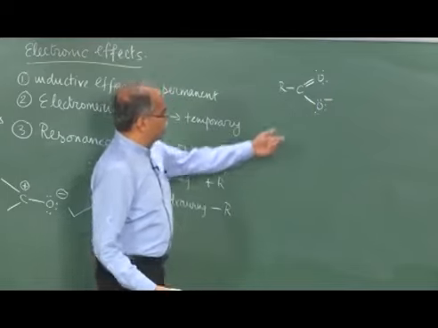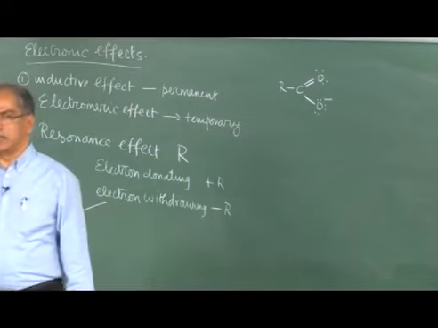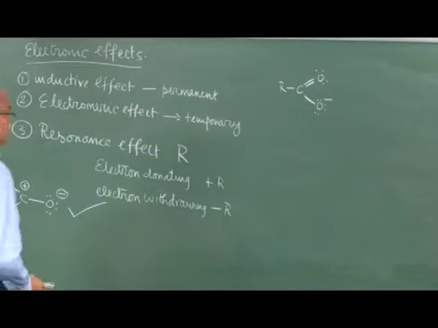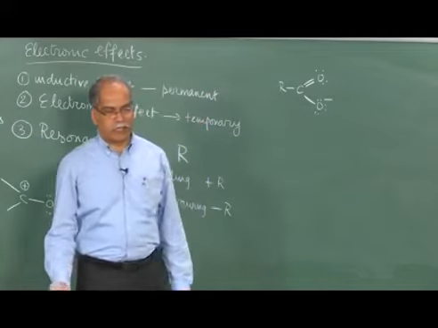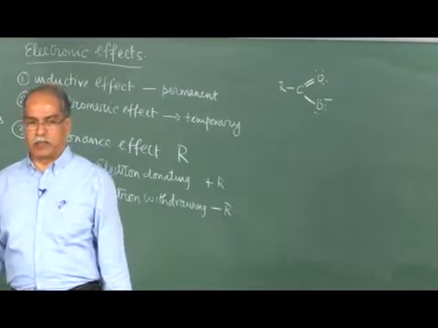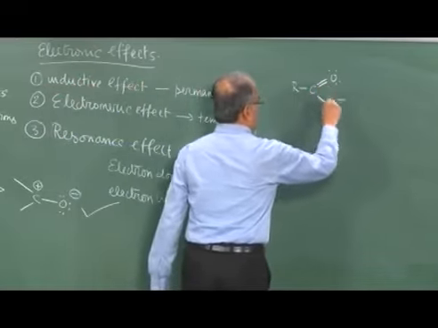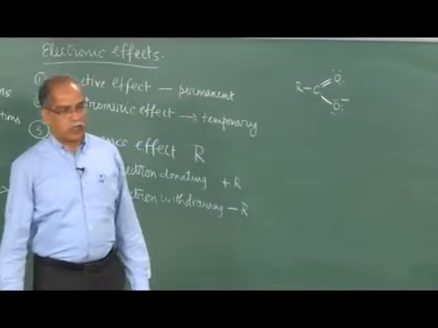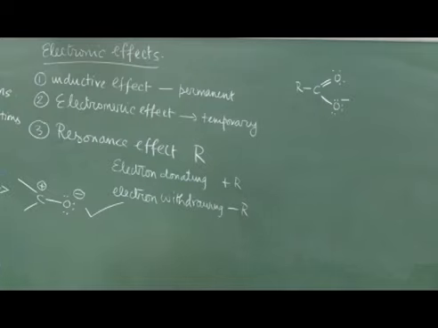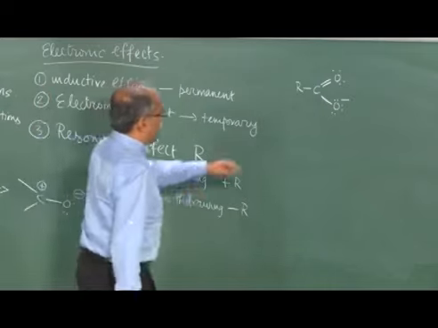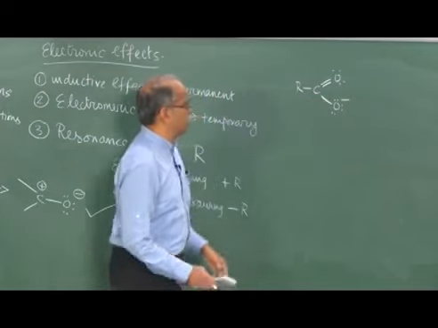So, the bond length here should be different from the bond length here. However, spectroscopic evidences show that the 2 bonds are of the same length, both spectroscopic evidences as well as X-ray crystallographic evidences, where you can actually measure the bond lengths. There is no difference between this carbon oxygen bond and this carbon oxygen bond. So, this structure alone cannot explain why the bond lengths of the carbon oxygen bonds should be the same, because this would indicate these 2 bond lengths should be different.